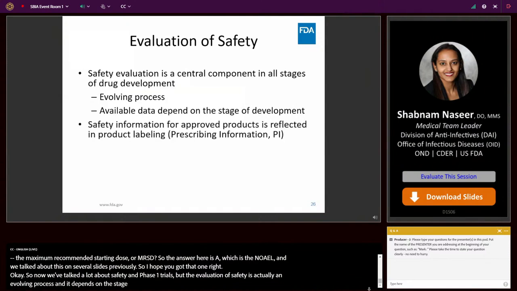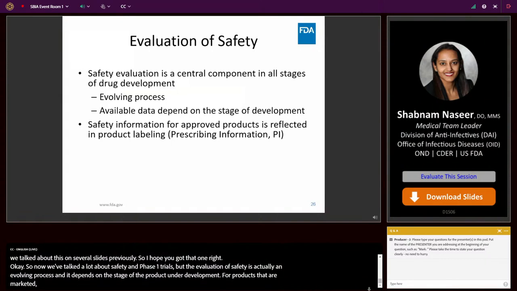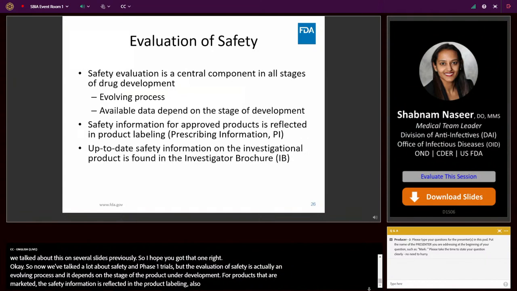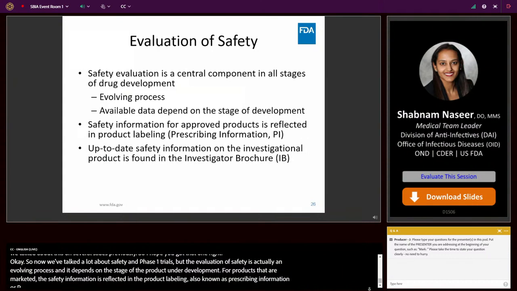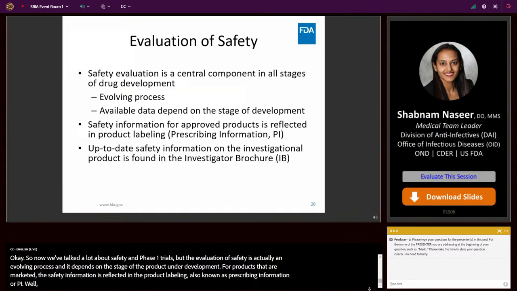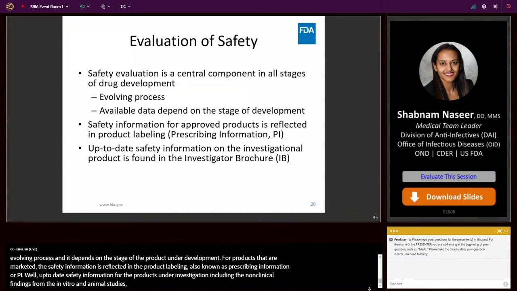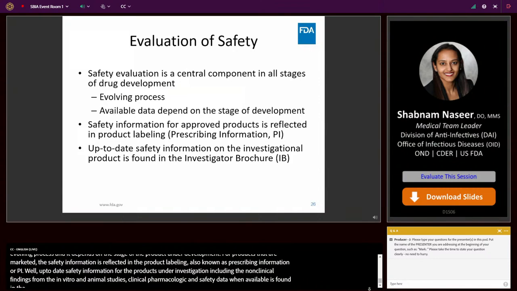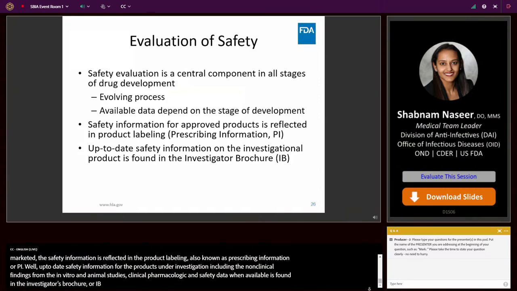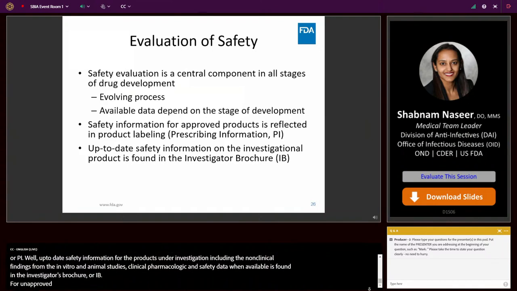For products that are marketed, the safety information is reflected in the product labeling, also known as prescribing information or PI, while up-to-date safety information for the products under investigation, including the non-clinical findings from the in vitro and animal studies, clinical, pharmacologic, and safety data, when available, is found in the investigator's brochure or IB. For unapproved products, the investigator's brochure is equivalent to the prescribing information.